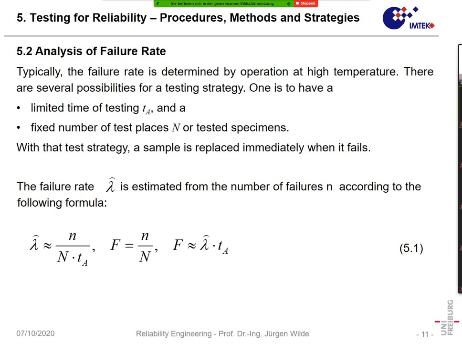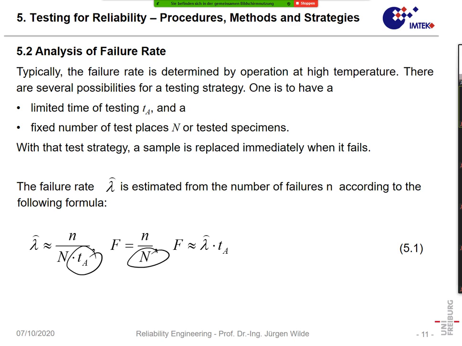But first of all, now let's come back to a little mathematics. The most simple data on reliability is the failure rate. As we have seen, if the specification is not met anymore, it's a failure. And how is the failure rate estimated? We have a certain number of specimens, N, and these are tested for a certain time, TA.